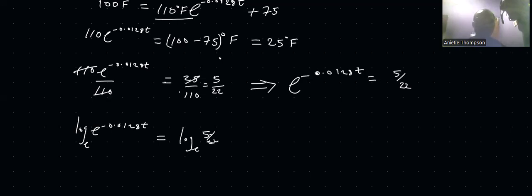Because the base and the number are the same, this can be written as minus 0.0128 t equals the log base e of 5 over 22.